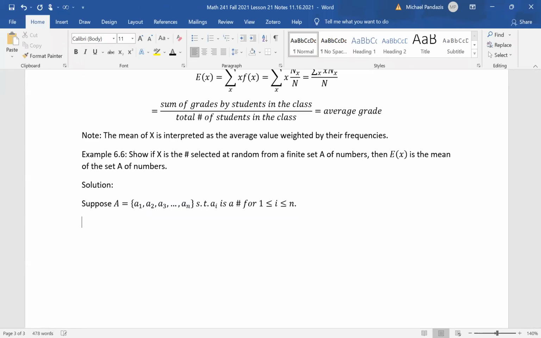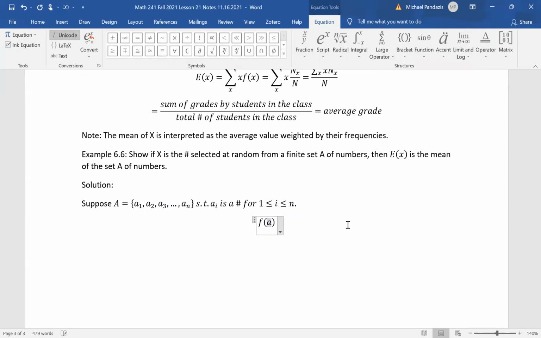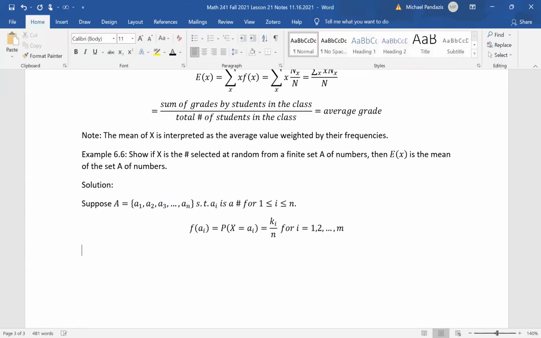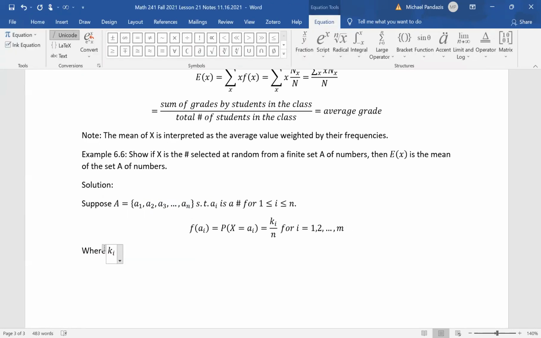Okay, but there can be more than one of the same number. So let's let f of A sub i equal the probability that X is equal to that fixed value A sub i, where that's equal to k sub i divided by n for i equals 1, 2, up to and including m, where k sub i is the number of elements in set A that are equal to A sub i.